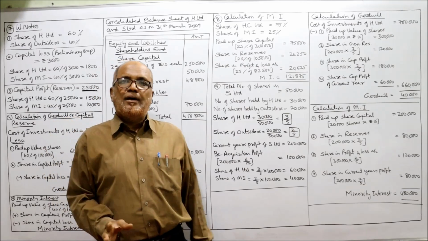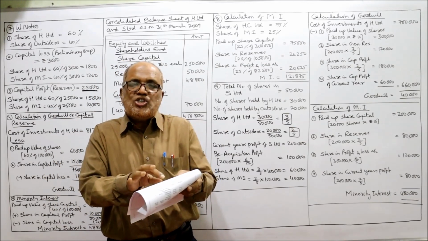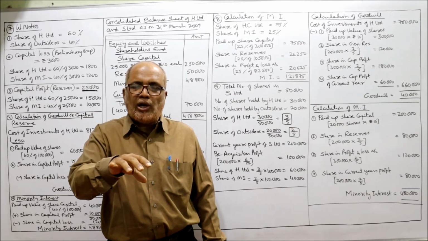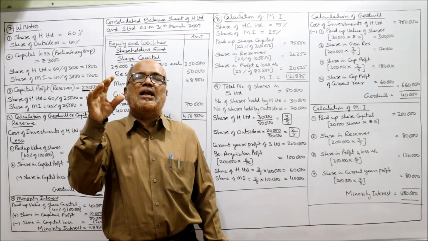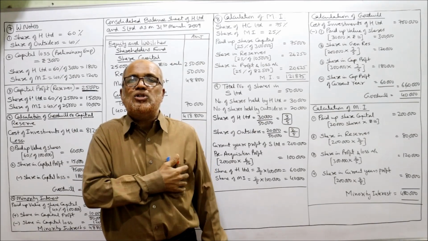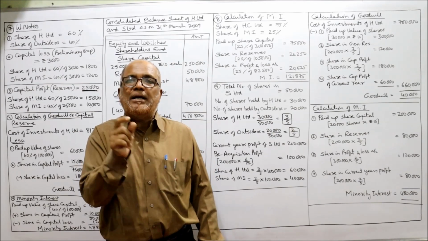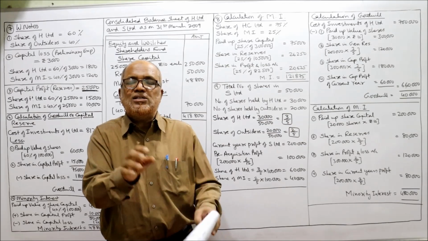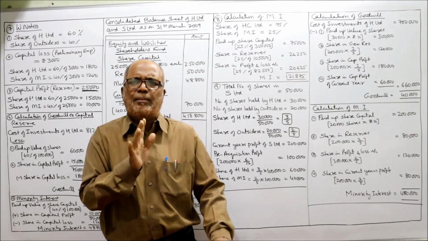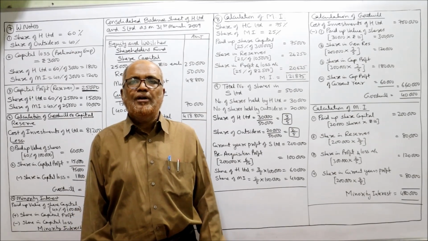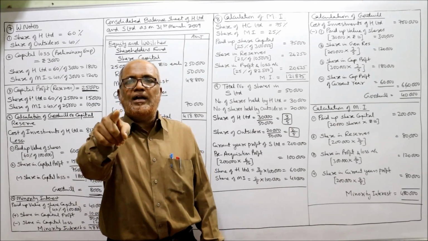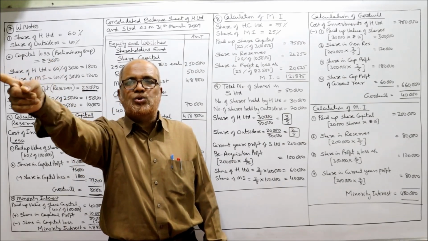See here, the date when the shares are acquired, we don't require. If we have to prepare the consolidated balance sheet, or calculate goodwill or capital reserve, then we require all this information. But our objective here is simply to calculate minority interest, only minority interest. 75% of shares are held by the holding company, 25% by outsiders.